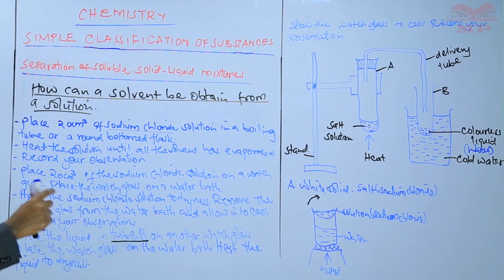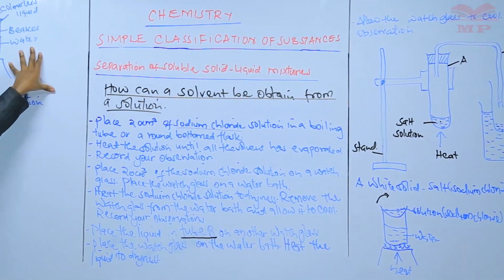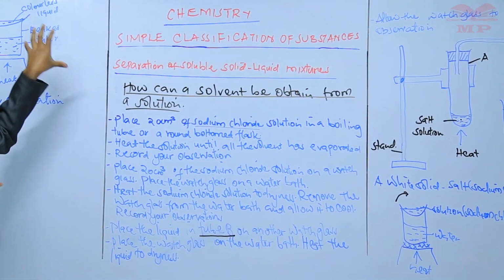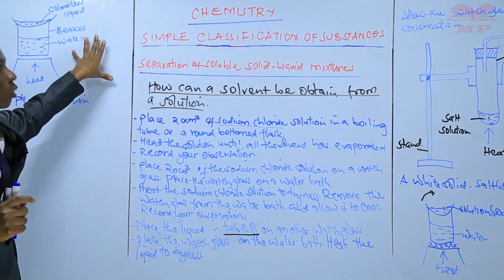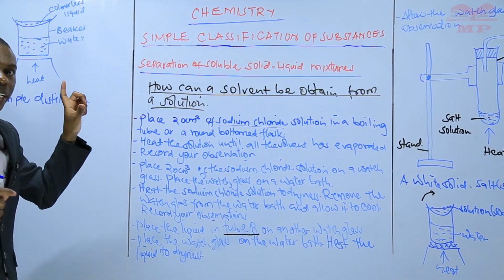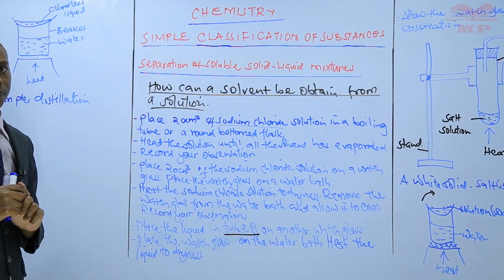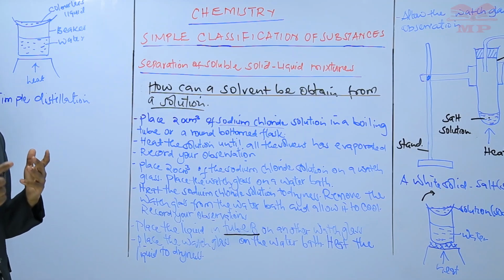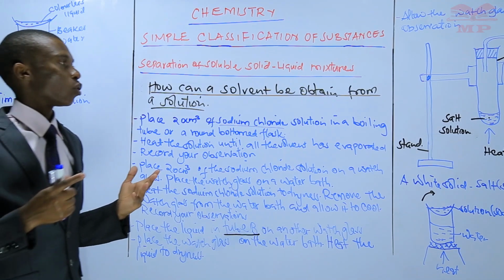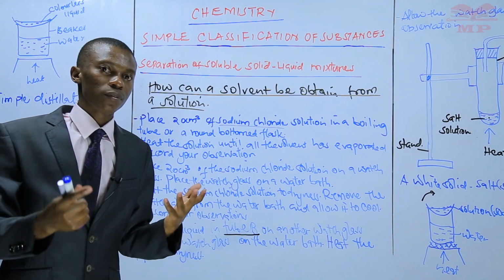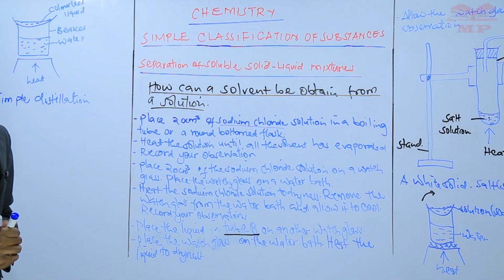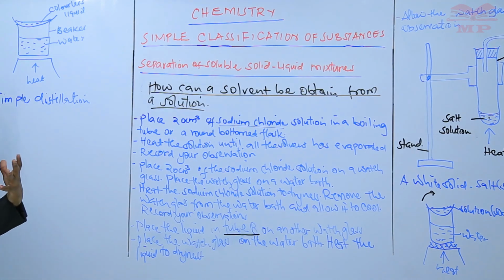When we heated the colorless liquid, there was nothing left on the watch glass because this colorless liquid, which is now water, does not contain dissolved salt. And that is how you are able to obtain a solvent from a solution. And this method, we have said, is called simple distillation.